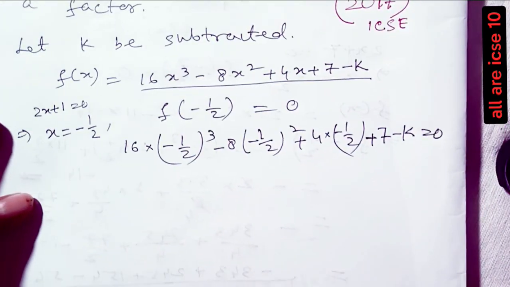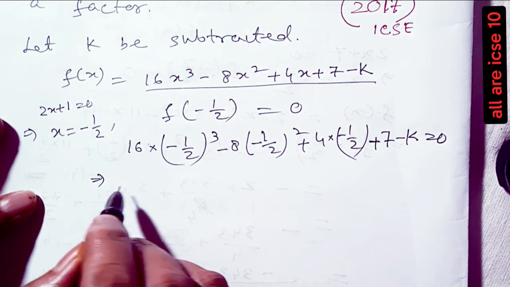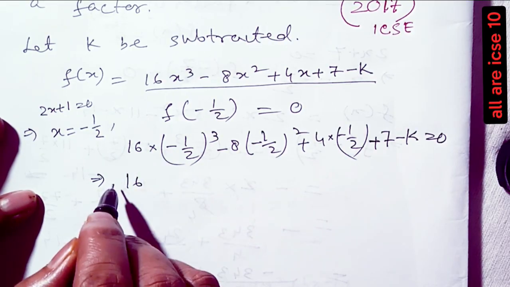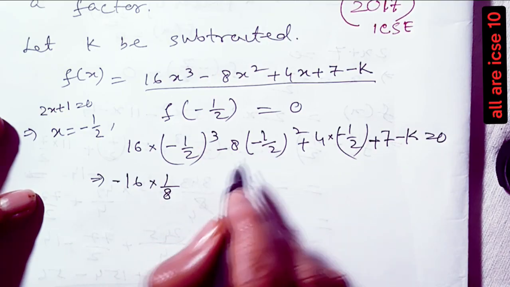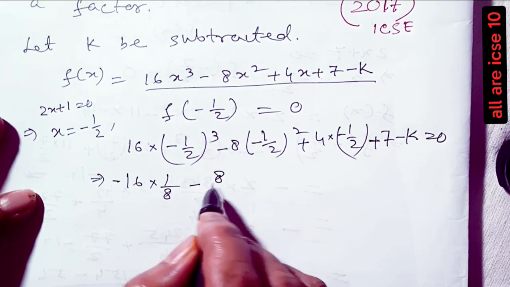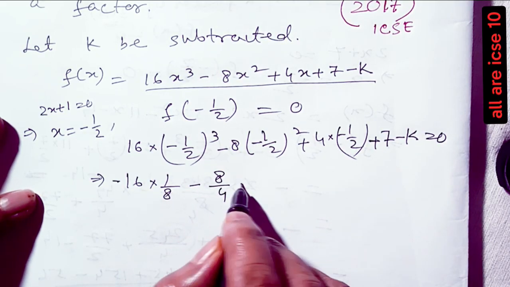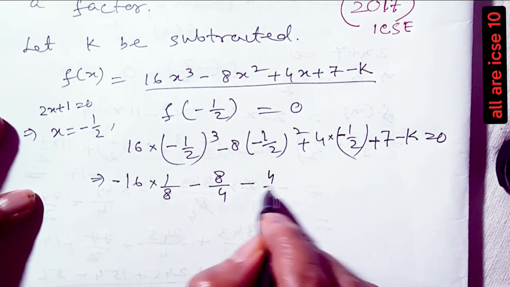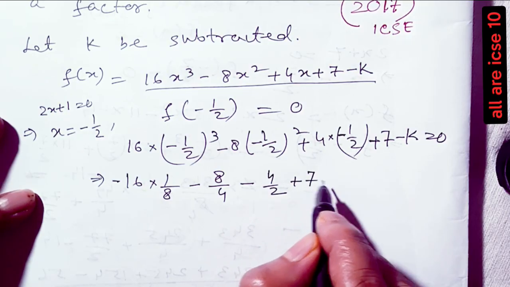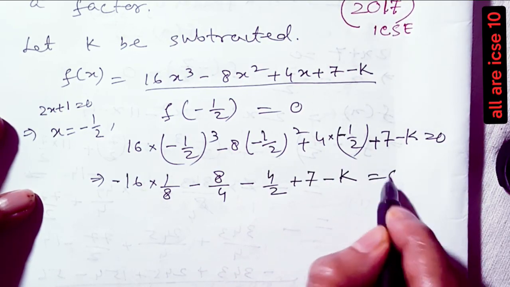Now find the value of it. 16. This is minus 1 by 8 plus minus 8 by 4 plus minus 4 by 2 plus 7 minus k equal to 0.